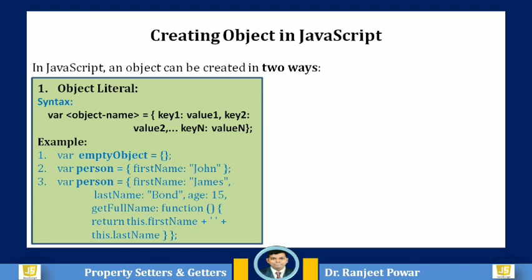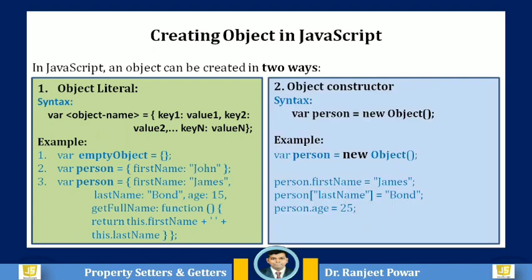The third example creates a person object with properties and a method. Note that you must specify a key value pair in an object for properties or methods. Only a property or method name without a value is not valid.